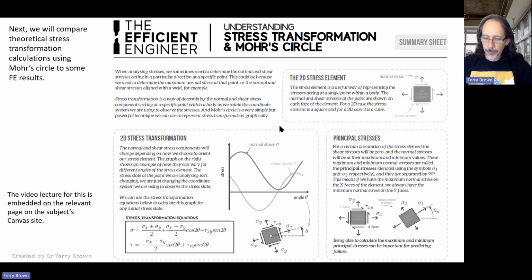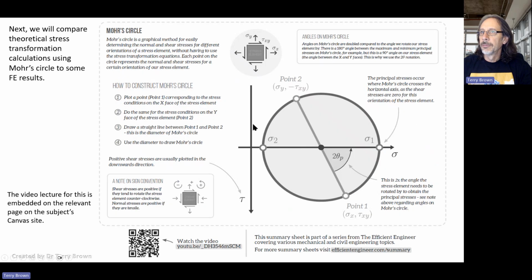All right, so as I said, I'm not going to go through this as it is here, because the Efficient Engineer has done a much better job of it than I will do. But what I'm going to do is make use of it in an example.